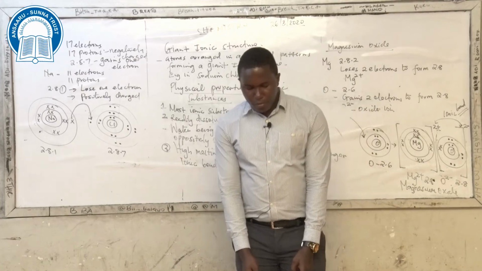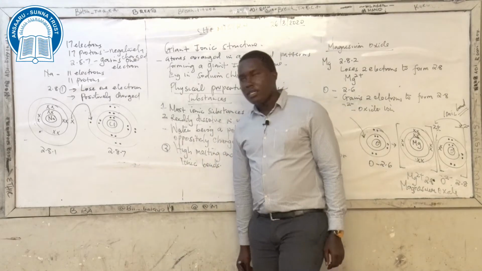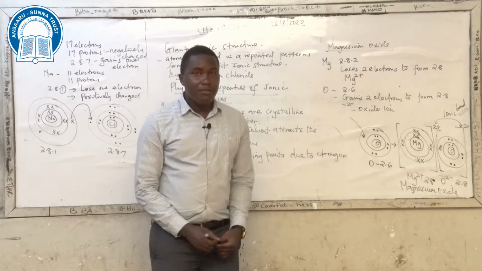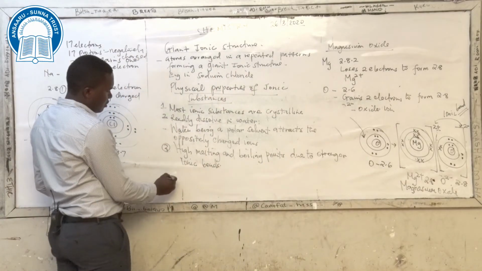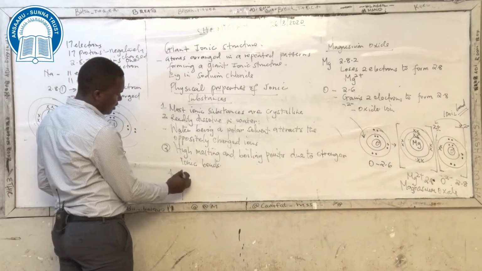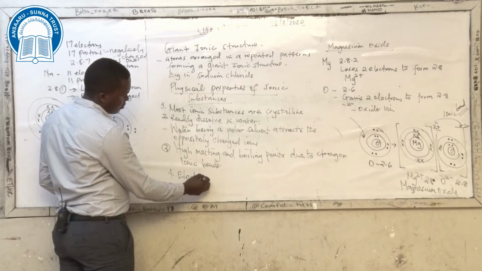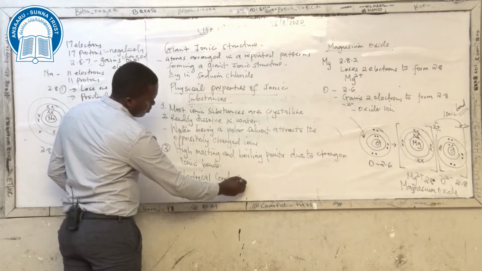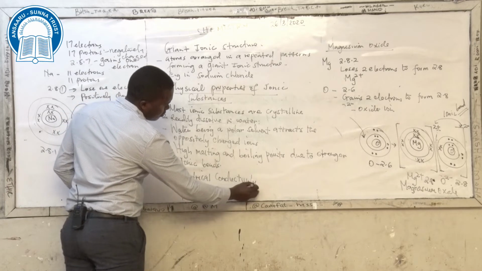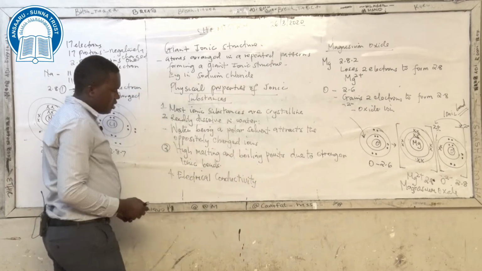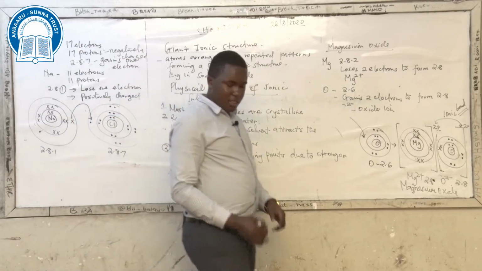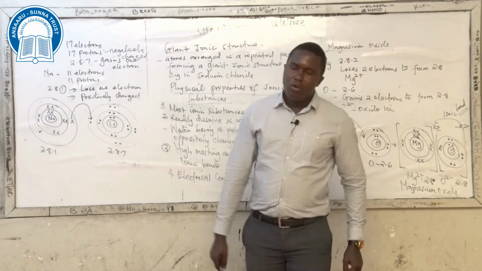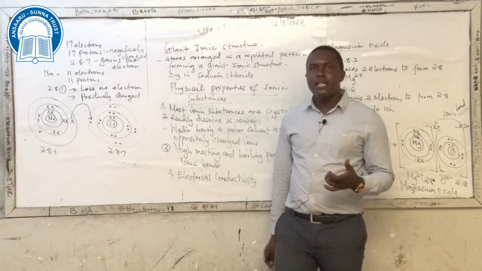The next physical property that I want us to look at is electrical conductivity. Electrical conductivity is the ability of a substance to allow electric current to pass through it.